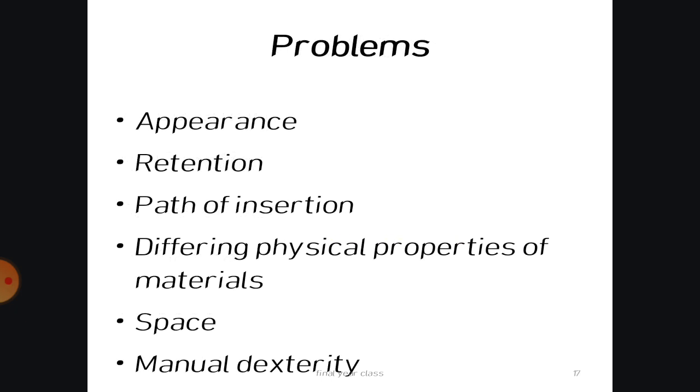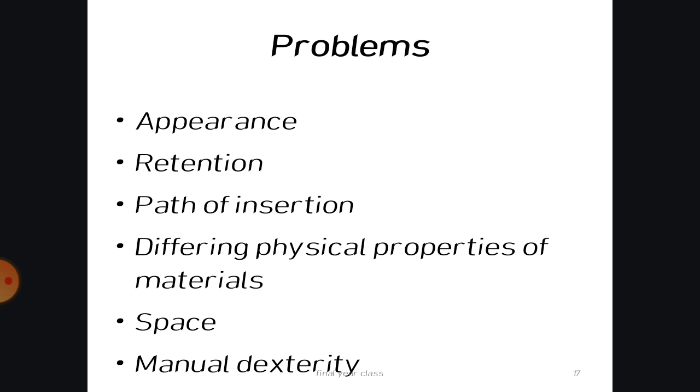So that is about attachments. The different problems which you would encounter with these kinds of attachment retained prosthesis will be appearance. In some cases, if it is extraradicular, you have the metal component jutting out, which might look awkward in certain situations. Then the amount of retention. As you all know, there are different attachments based on function, so the retention provided also will vary. Then the path of insertion, differing physical properties of materials, the availability of space, and the manual dexterity of the patient.